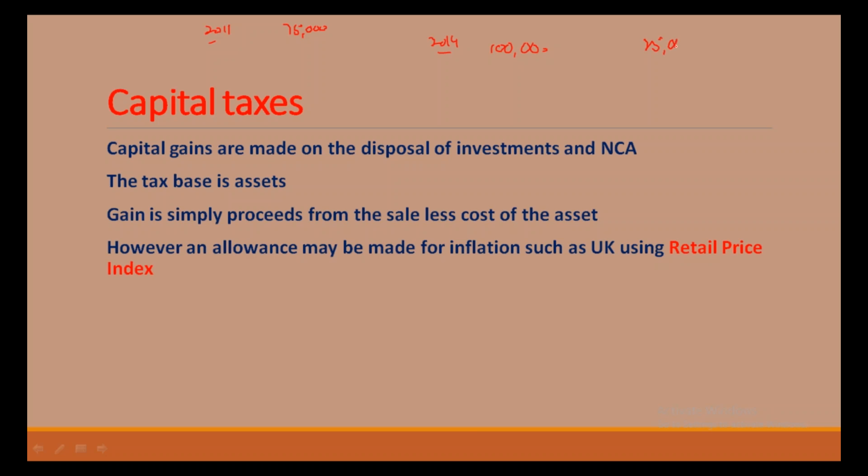And on that, the tax rate may be slightly different from the corporate tax. Earlier I said that 25% is the corporate tax. Sometimes for capital gains, the examiner might say the tax rate is 15%. So on the 25,000, 15% you have to pay taxes. That is one simple thing.